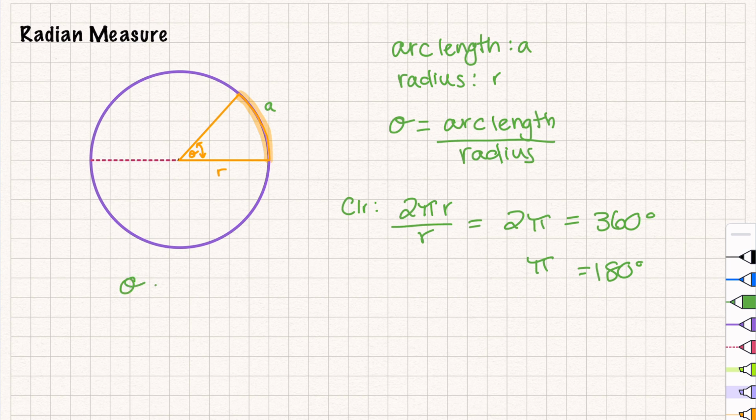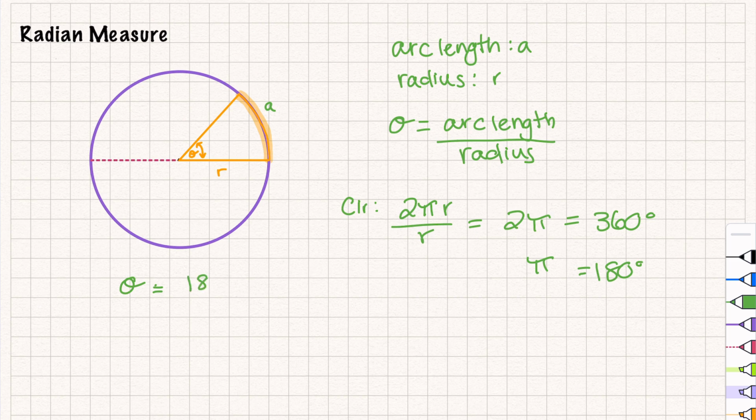So if we were to take 180 divided by pi, which is 3.14, we'd be left with our angle.